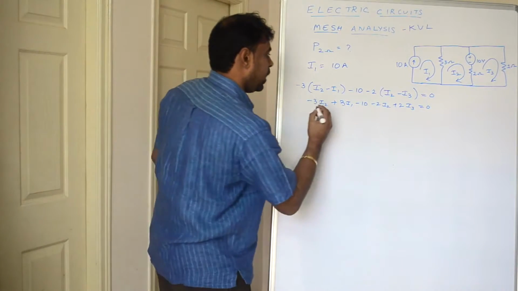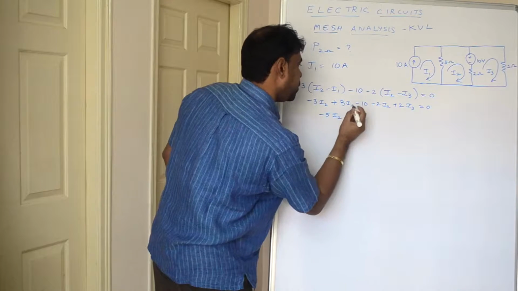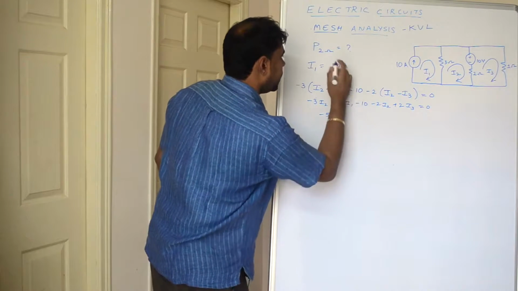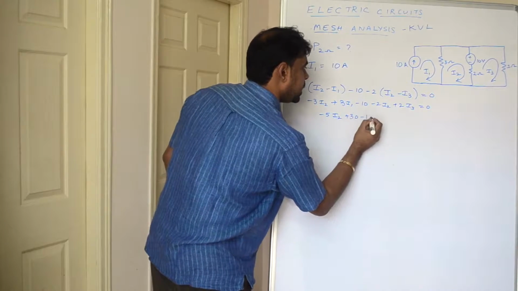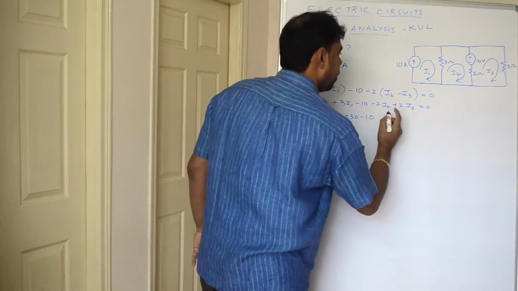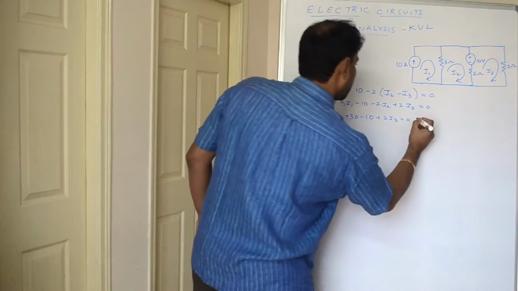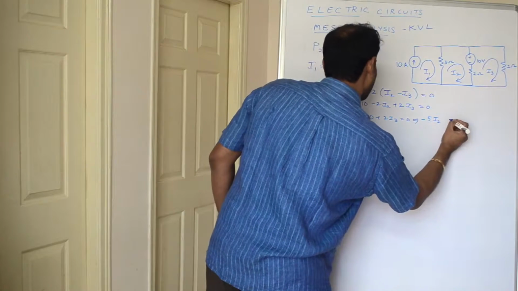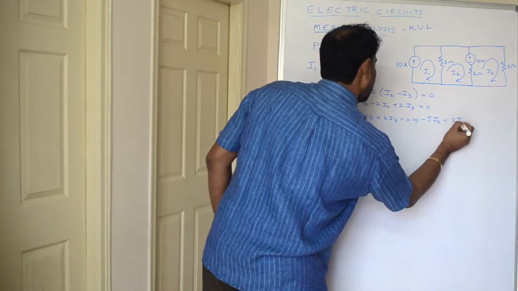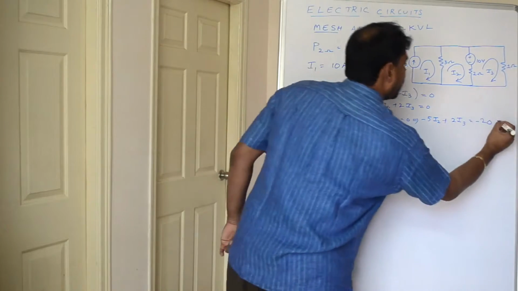If I substitute that, it will be minus 5I2, I1 is nothing but 10, so 30 minus 10, I2 already combined, plus 2I3 is equal to 0. So it becomes minus 5I2 plus 2I3 is equal to minus 20. I got one equation.